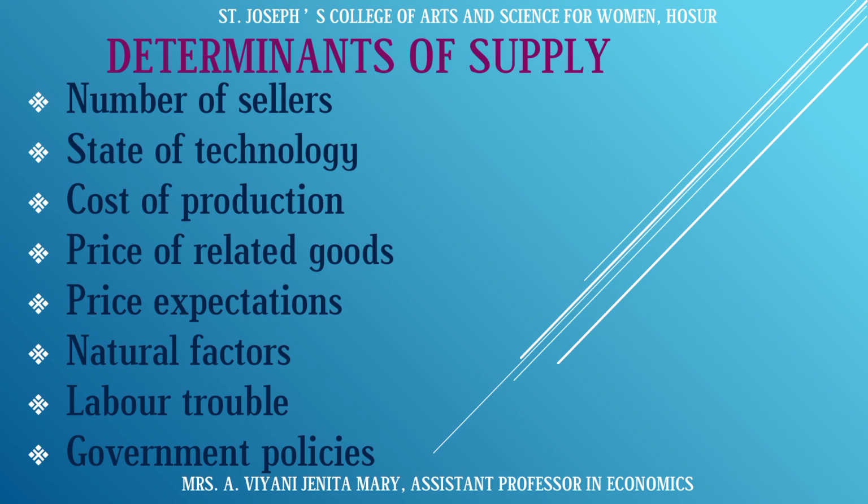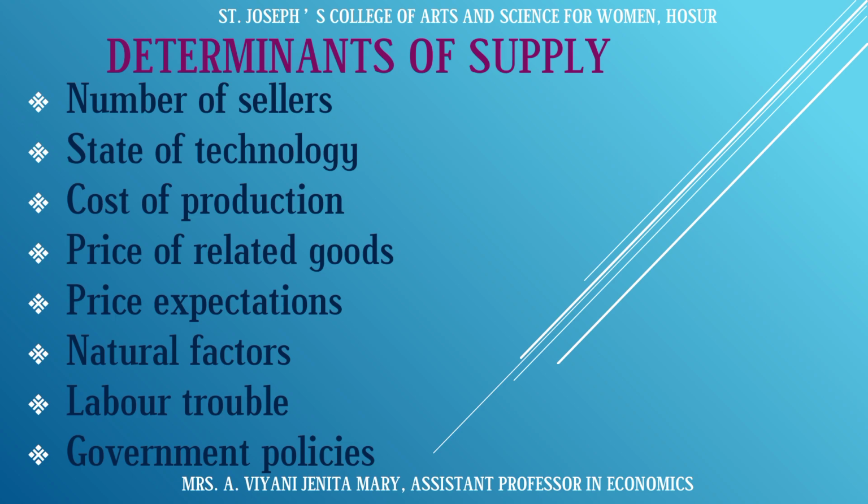Firms which are able to manufacture related products will shift their production to a product the price of which increases substantially relative to other products, thus causing a reduction of supply of the products which were produced before.